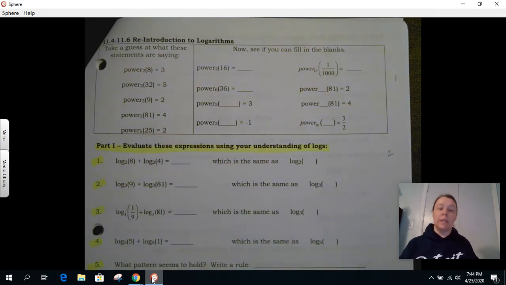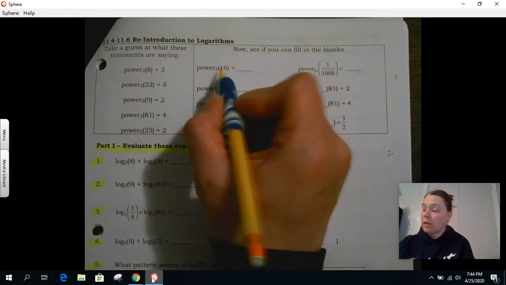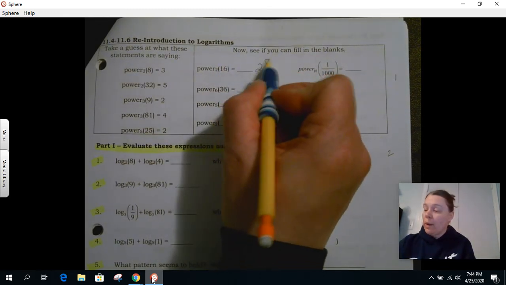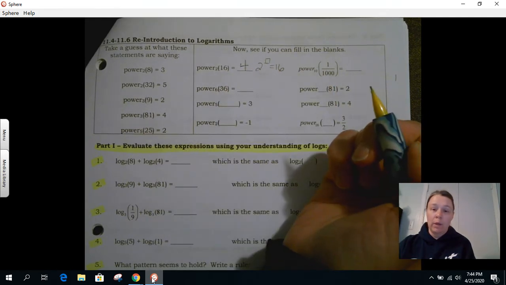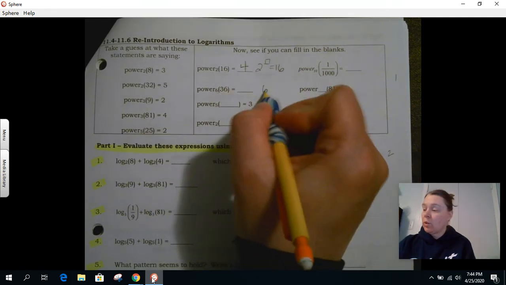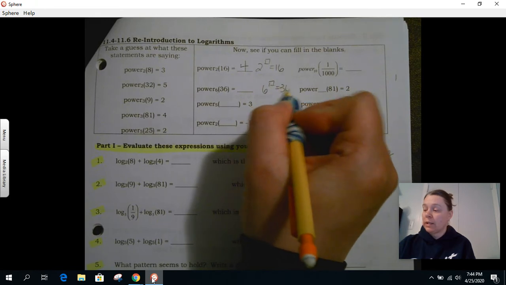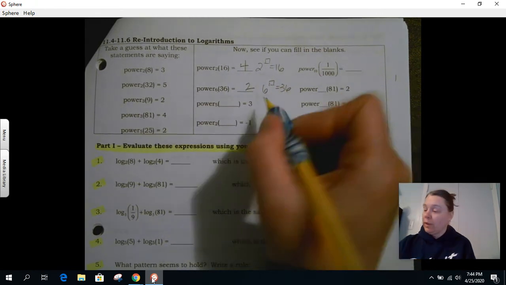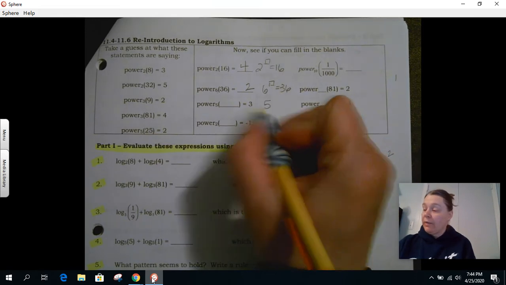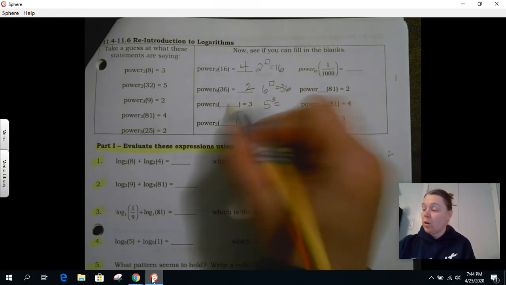They just didn't. Okay, so when we're thinking through these, we're thinking 2 to what power is 16, which would be 4. Here we're thinking 6 to what power is 36, which would be 2. Here we're thinking 5 to the third power is what?